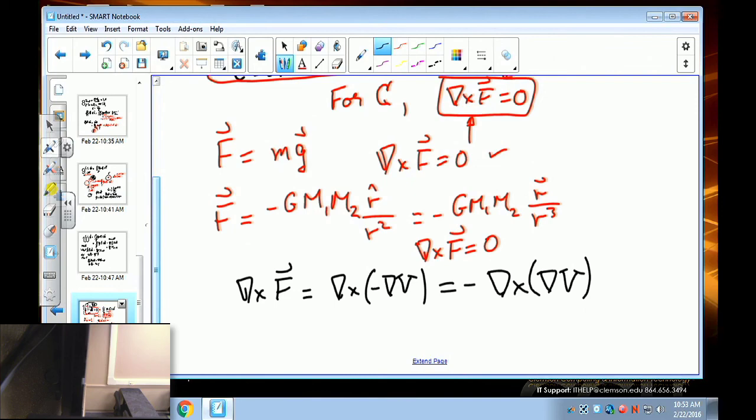The curl of a gradient. It should be 0. You just showed that as long as V is well behaved, this is 0 for any V.